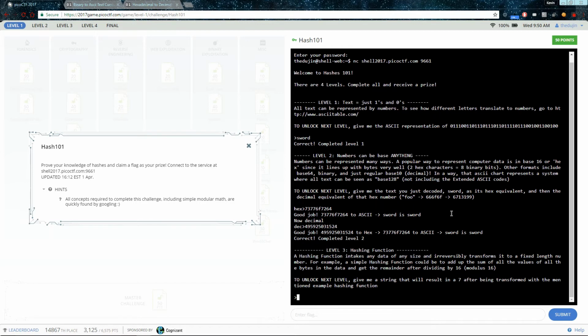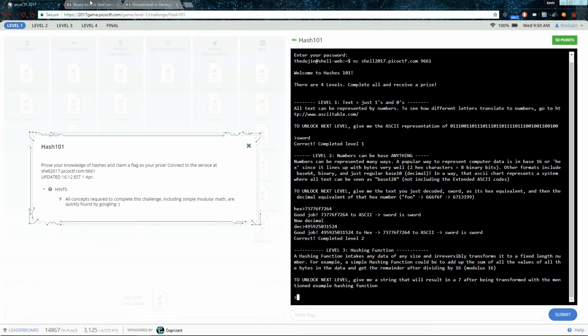So that's level 2. Level 3 introduces us to hash functions, then asks us to find what string, when hashed by the example hash function, which is add everything up at mod 16, will result in a 7. So it wants a string, and once given the string, it'll take every character individually and convert those to ASCII.